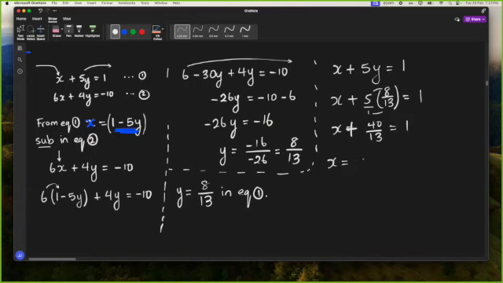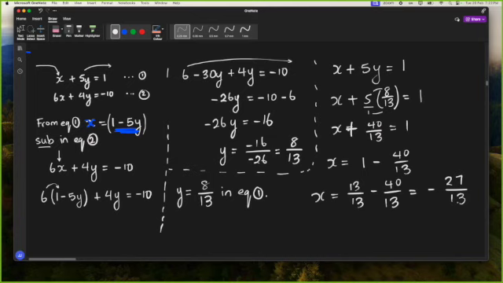x is equal to 1 minus 40 over 13, right? Let me just say we could substitute 1 as 13 over 13 minus 40 over 13. So therefore 13 minus 40 gives me negative 27 on 13.